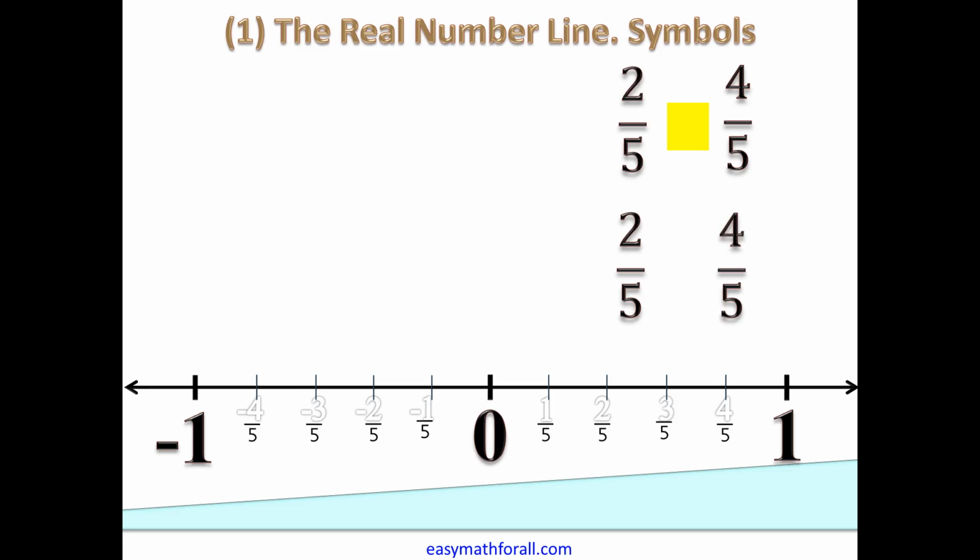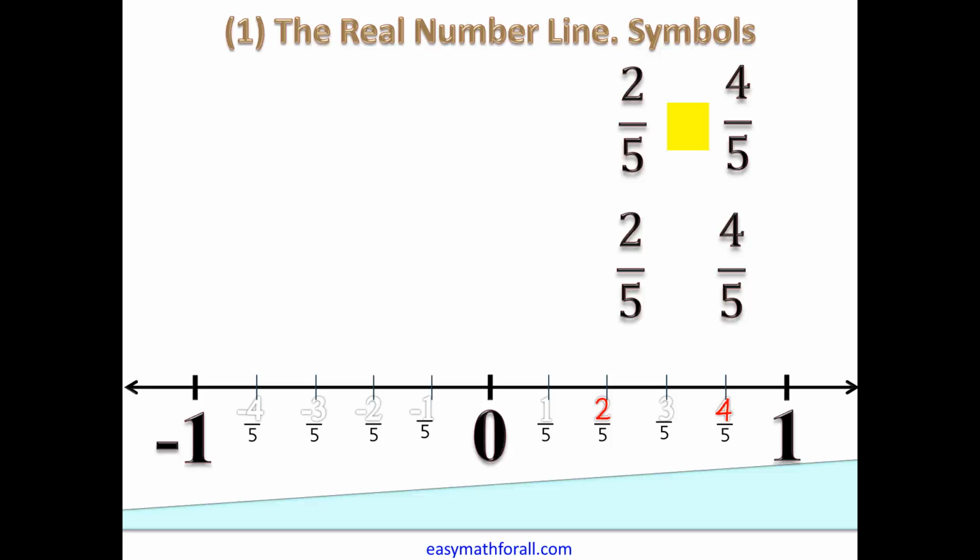Now we have to highlight the first numerator, which is 2, and then the second numerator, which is 4. And you remember that numbers grow from the left to the right. Can you decide which numerator is larger? Yes, it's obvious it's 4. The fraction with the larger numerator represents the larger fraction, and it's our bird.